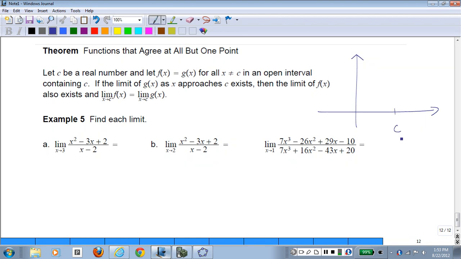So there's c, and here is an open interval containing c, and we need a bright blue function, something like that, and a red function, something like that. So a bright blue function and a red function. Let's call this g and call the blue function f.